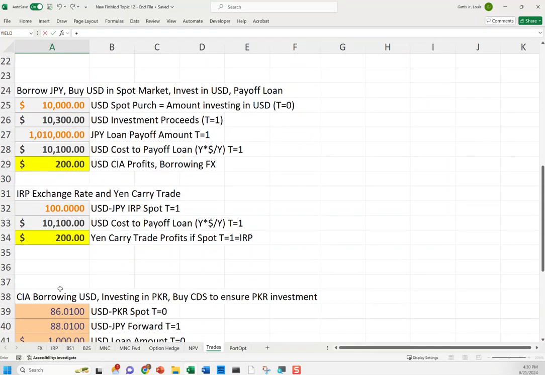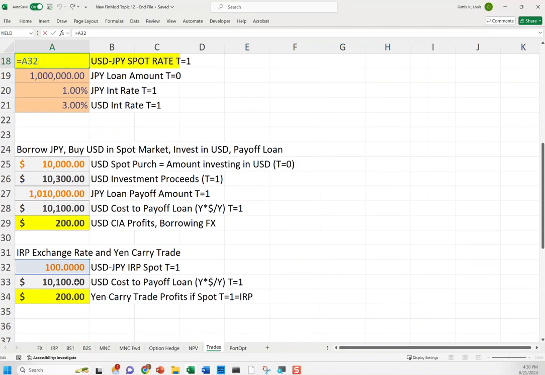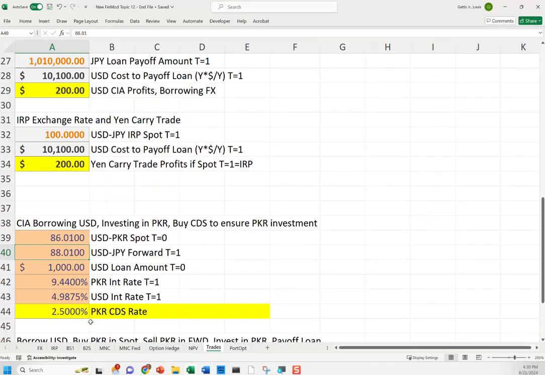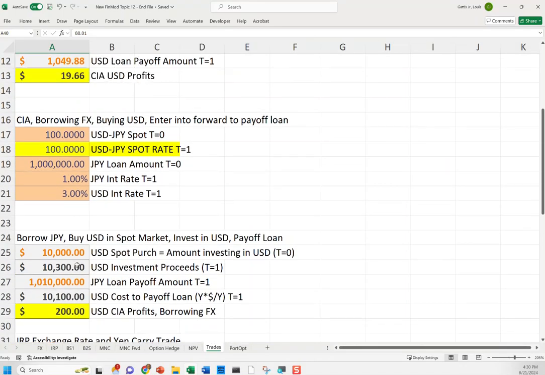I have a little link here to the formula for interest rate parity, or we can just type it in there. What if we say that new exchange rate is that times 1 plus the yen interest rate divided by 1 plus the US interest rate. And notice that new exchange rate, 98.053, makes my profits go away.